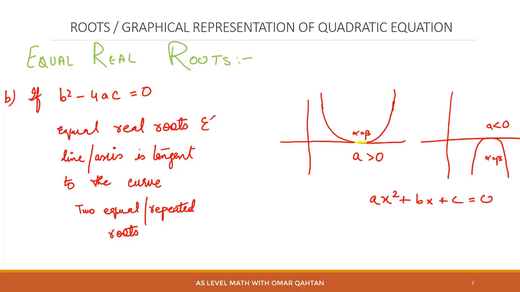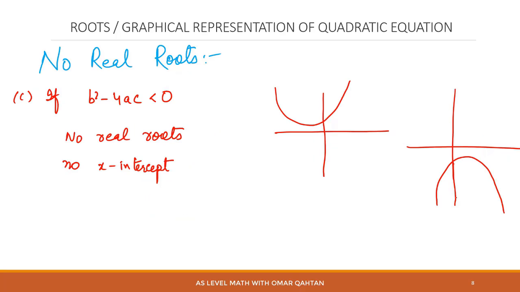So now move on to the next category, in which we have no real roots. In this, b square minus 4ac is less than 0. So no real roots, no x-intercept, and y equals ax square plus bx plus c is either always positive or always negative. If your discriminant b square minus 4ac is less than 0, you will have no real roots.